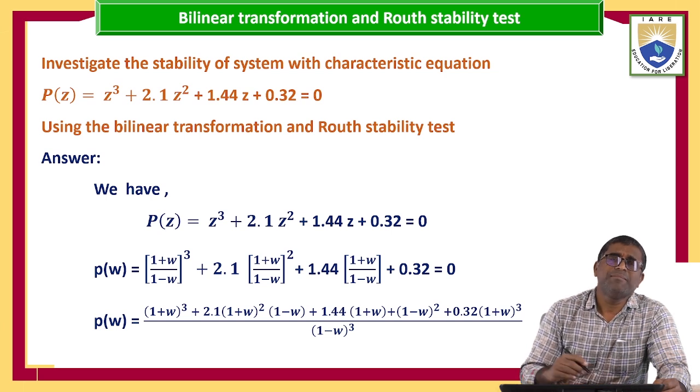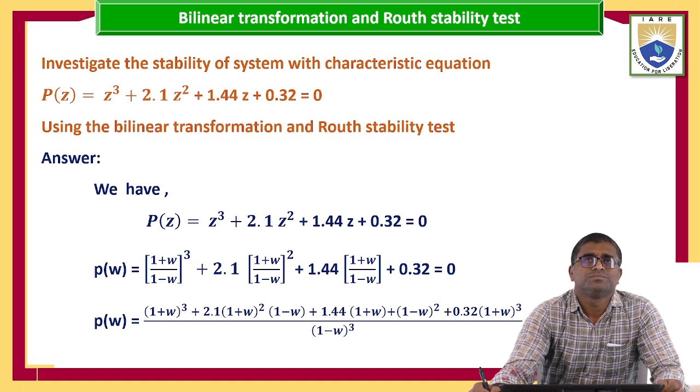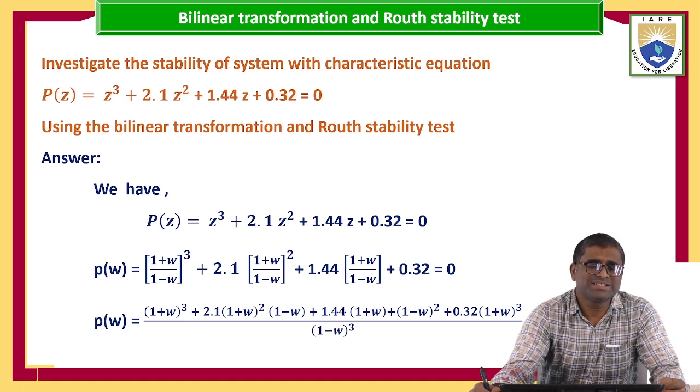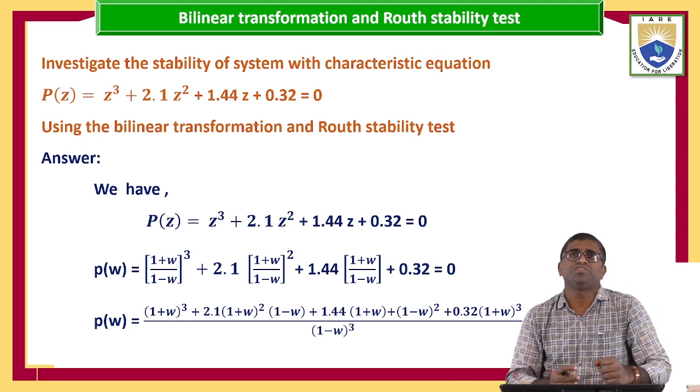Here I am taking one example, the characteristic equation P of Z equal to Z cube plus 2.1 Z square plus 1.44 Z plus 0.32 equal to 0.